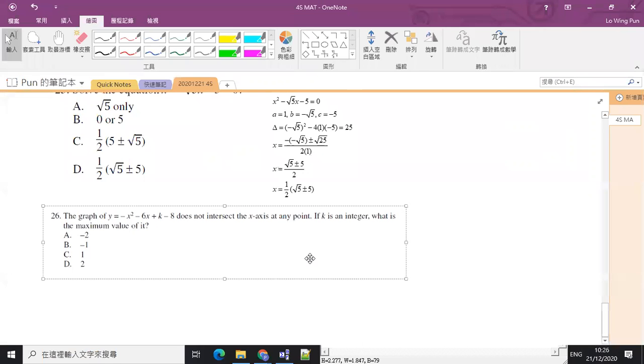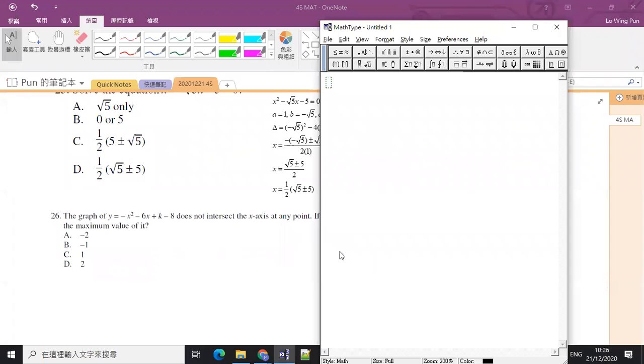the x-axis at any point，即係咩意思咧？冇 x-intercept。So to find the y-intercept, we need to put y equals 0. So 0 is equal to negative x squared minus 6x plus k minus 8. Okay, but the question tells us that there is no x-intercept, which means that the delta should be less than 0.